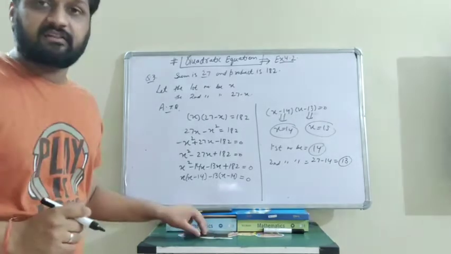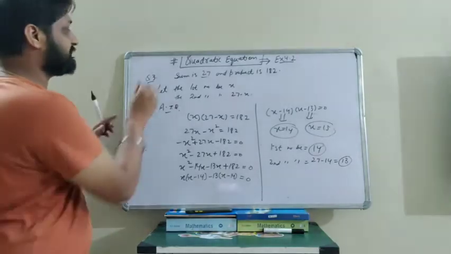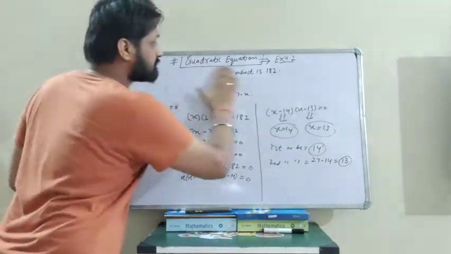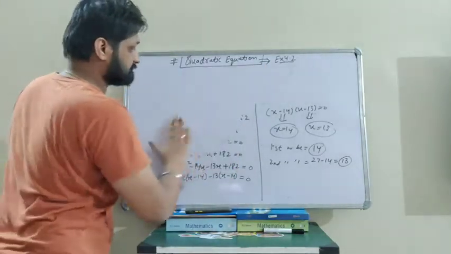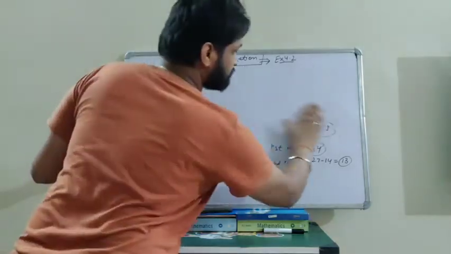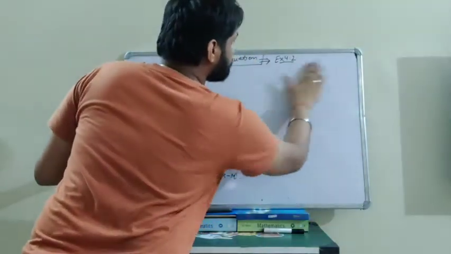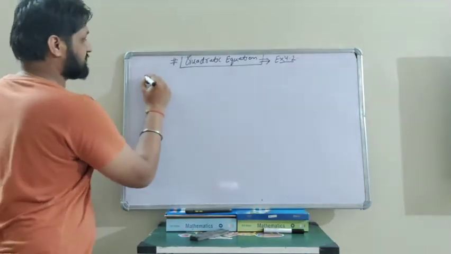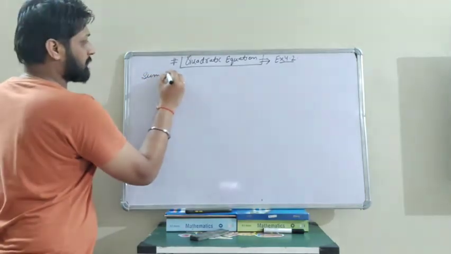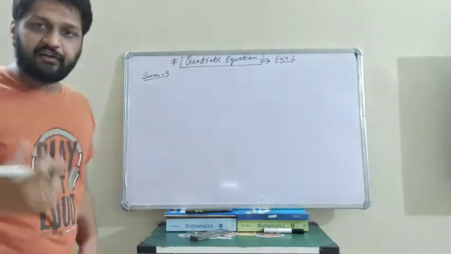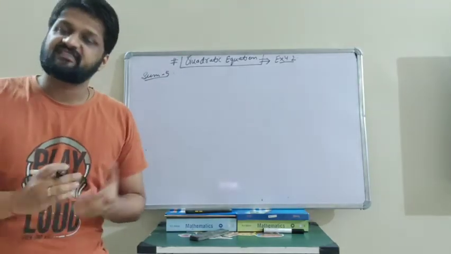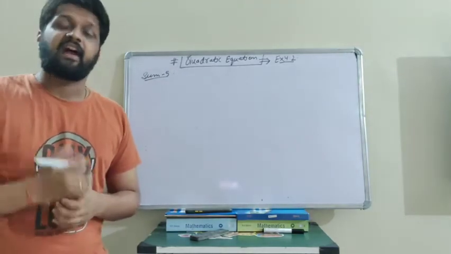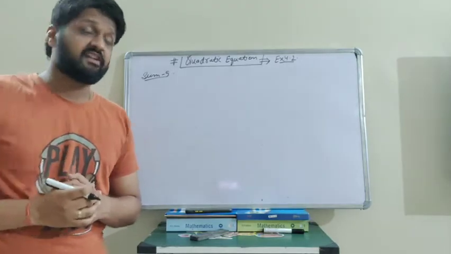Now let's move to the next question, that is sum fifth. The question is: the altitude of a triangle is 7 centimeter less than its base and the hypotenuse is given 13 centimeter.